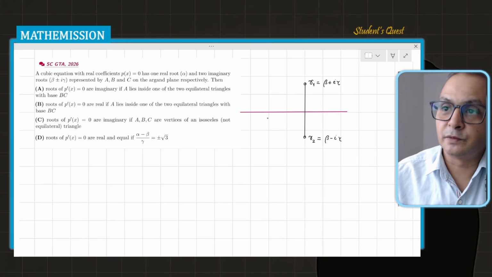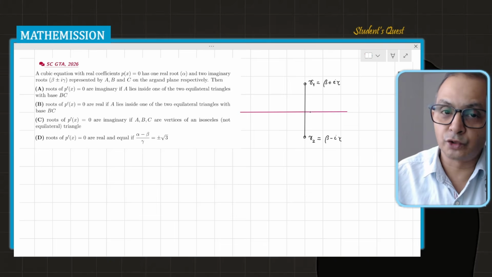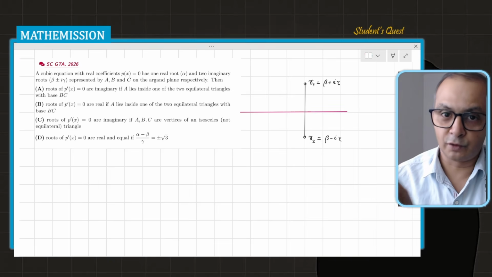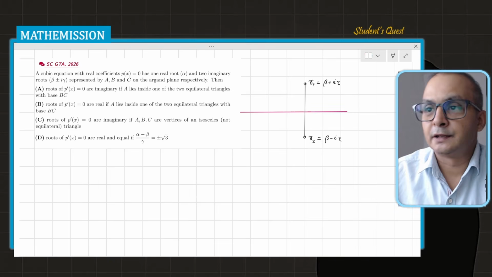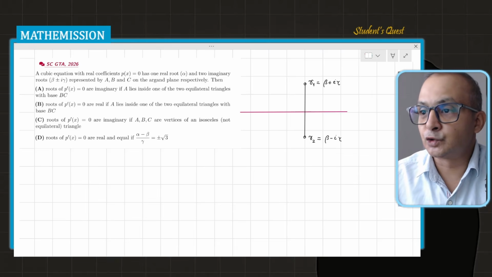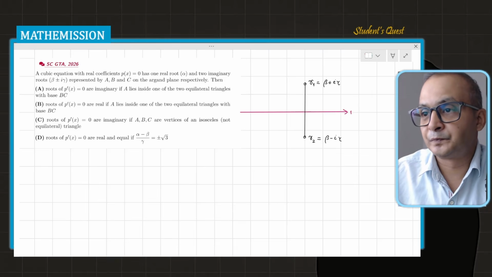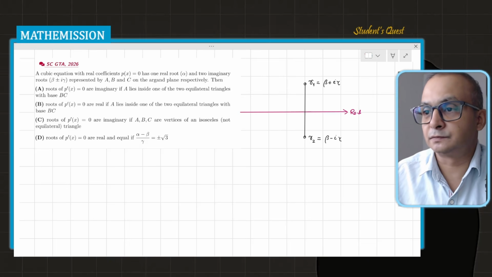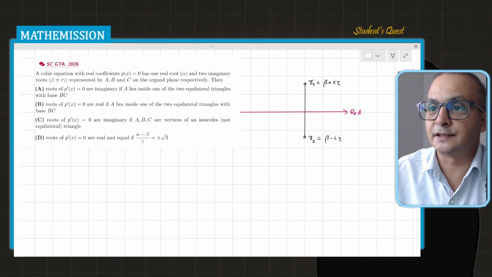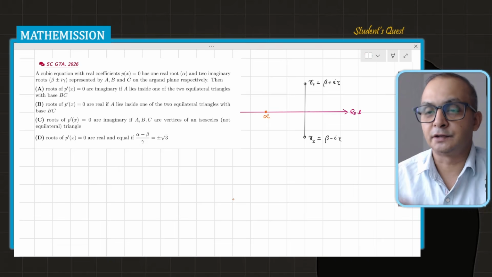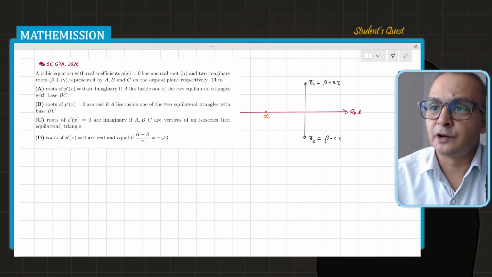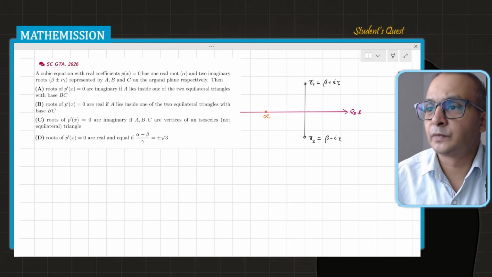Because this is a cubic equation, and 2 roots we have already found as complex conjugates, the one leftover root must be a real root. Therefore I'm assuming this is the real axis, or the x-axis, and alpha is somewhere here on this real axis. So let's say alpha is located here. Okay, so these are the 3 roots I have, and now let's go to the question.